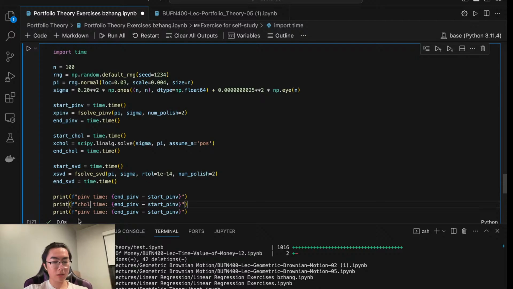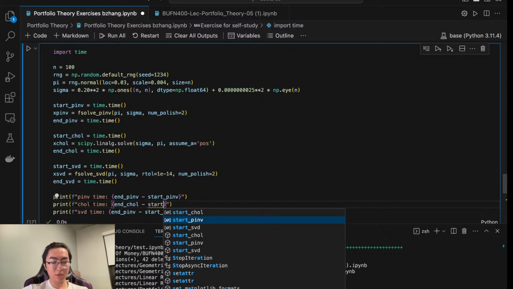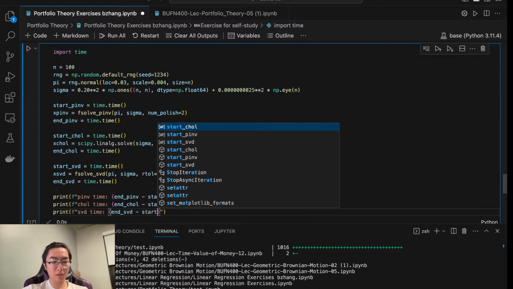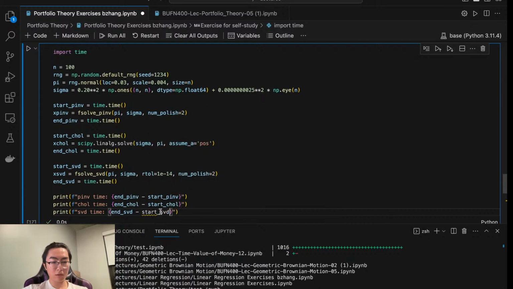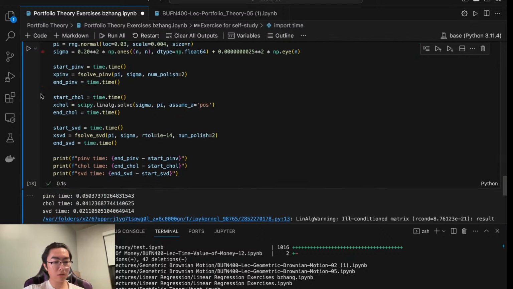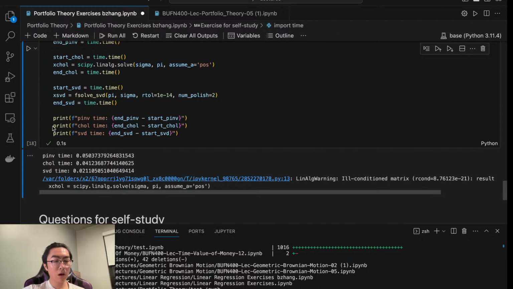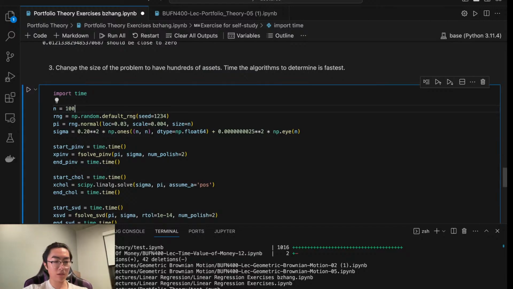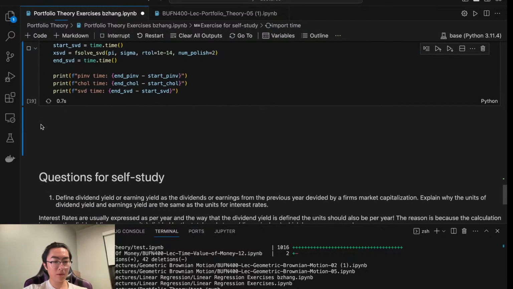Start Cholesky time, start SVD, so end Cholesky, start Cholesky, and then end SVD, start SVD. Okay, so it does seem like Cholesky does perform a little bit better.